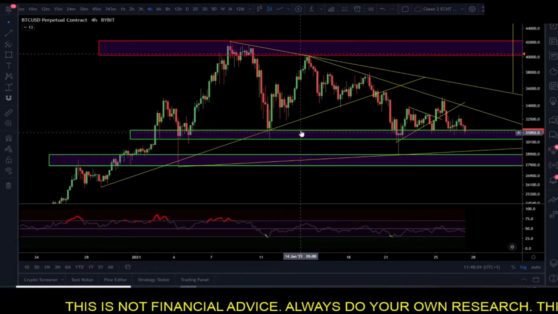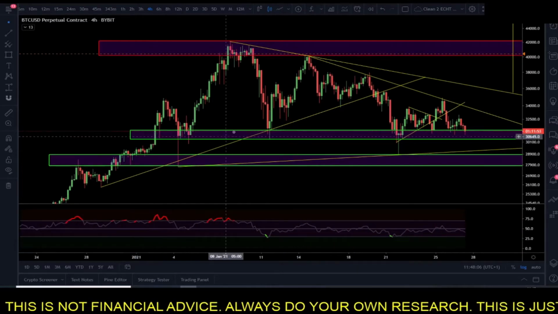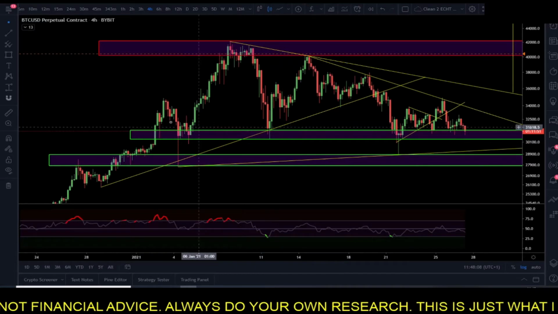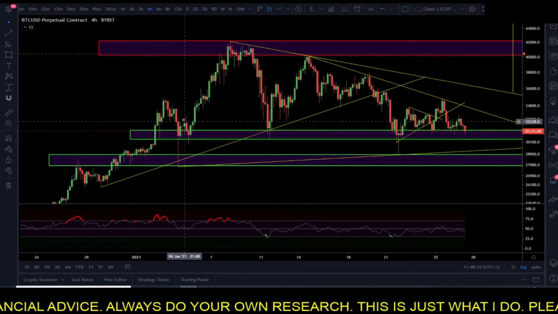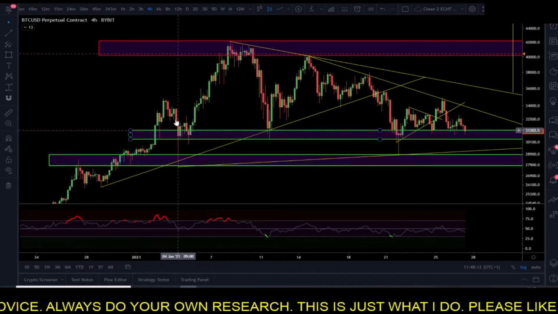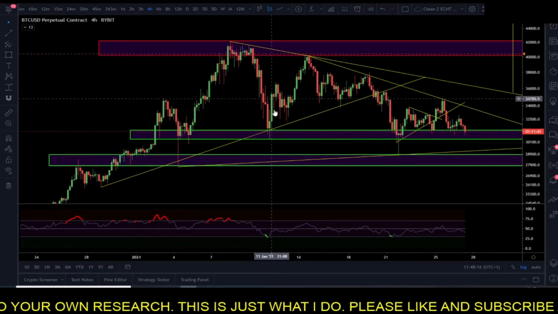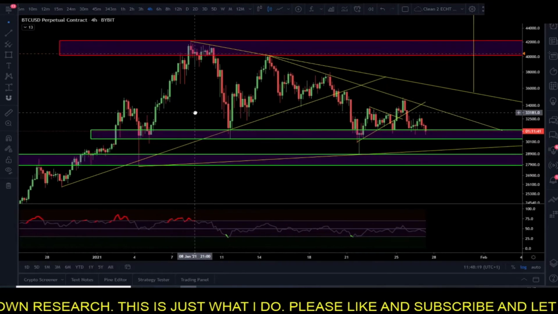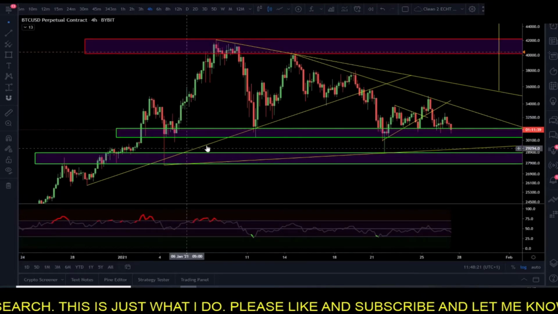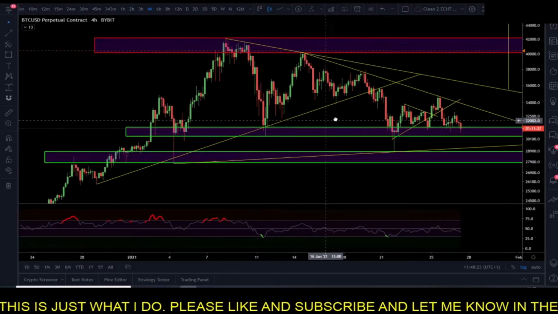We also know that we are at a huge support box, which was previous resistance, and we retested it. So we know this area is a huge support. Also the trend line is a huge support.